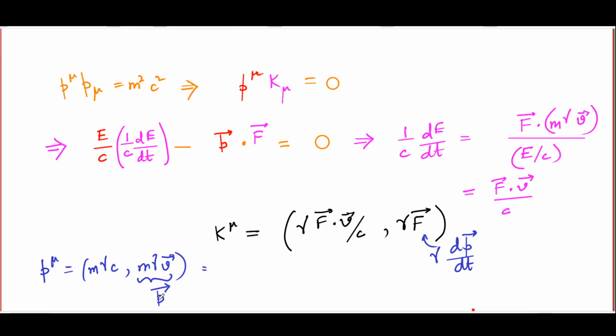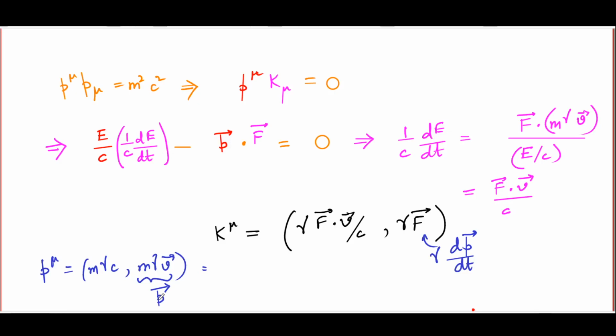You might very well ask, why don't we do that here as well? Why don't we just consider the entire spatial part of K mu to be the force? What we have done is stick to the old Newtonian definition of the force, not redefine it. We have just said force is dp dt, the time derivative of the momentum.